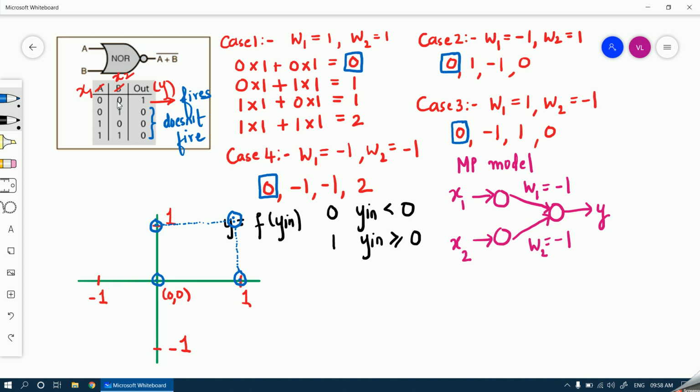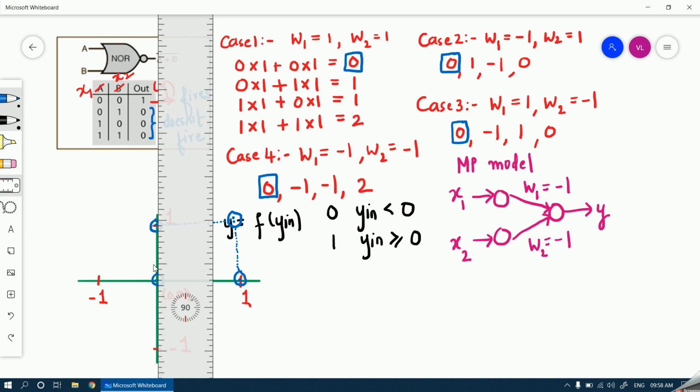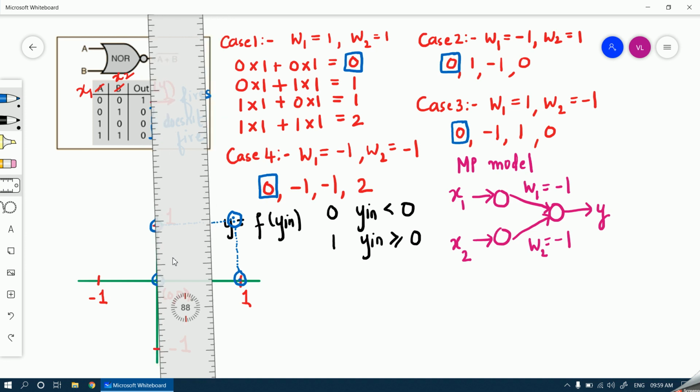Now we have to draw the line which is going to separate these points. So what is happening in our case? Case 4, where W1 and W2 are -1, is the instance where the neuron fires. And the point is 0, 0. So at point 0, 0 your separating line will be drawn, because we are getting the neuron to fire at point 0, 0.